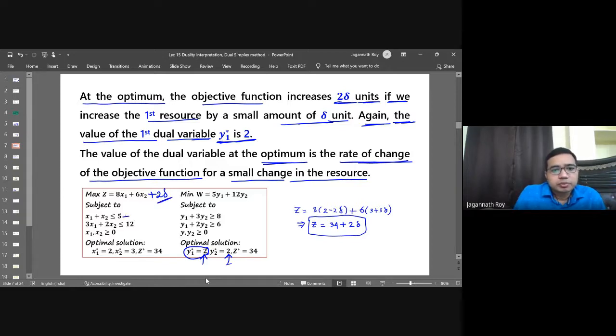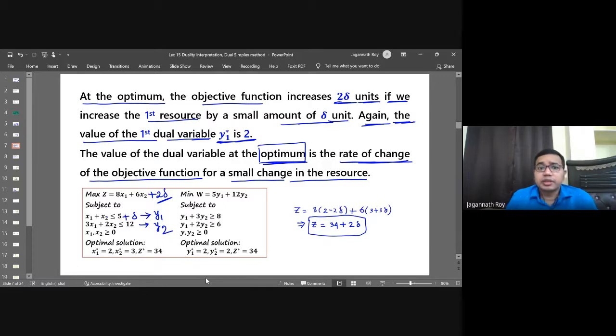If we put here delta, this dual variable, because this is the first constraint, will correspond to the first dual variable, and the second constraint corresponds to the second dual variable. So mathematically it says that this is the rate of change, the dual variables at the optimum level. This is the actual meaning of the word dual.